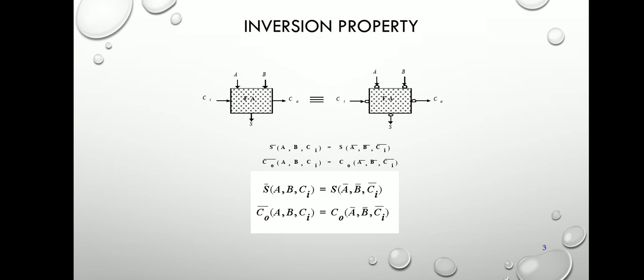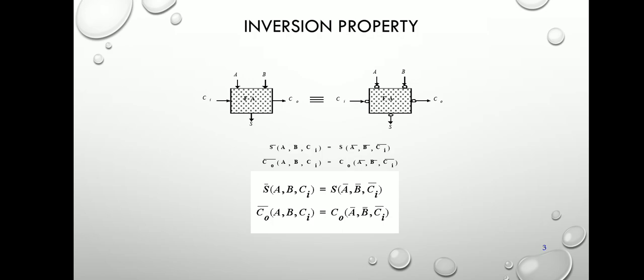And next is the inversion property. The inversion property states mainly that the full adder stays the same if we invert all the inputs and outputs. So the major principle is it adds the 3 inputs and produces 2 outputs.